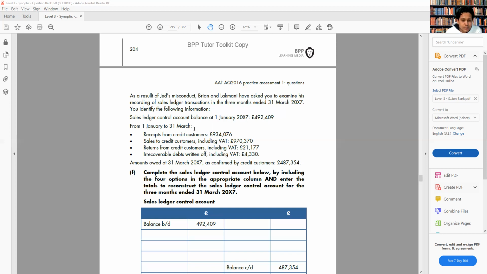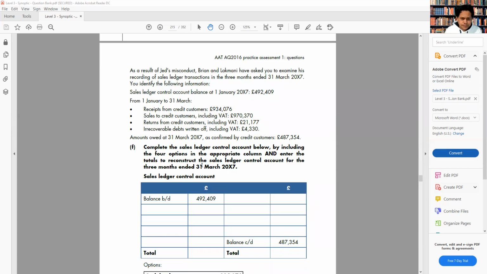From January to March, they are asking because someone did something very wrong. So they are asking, can you check, is there anything else wrong in this sales ledger control account? They ask you to check for the last 3 months, January to March. You have all the information, and basically they are asking you to complete the sales ledger control account below by including the four options in the appropriate column, and enter the total.